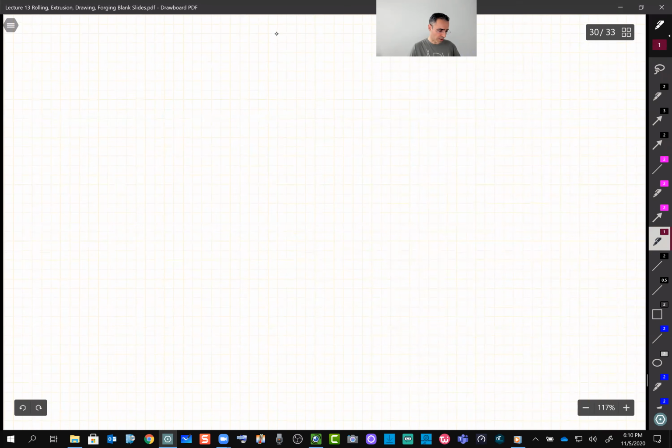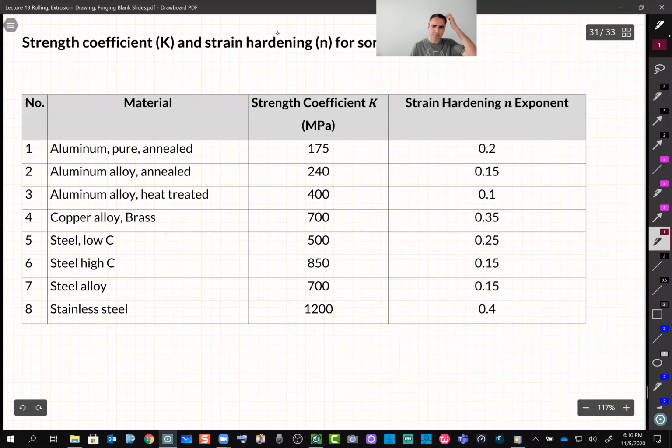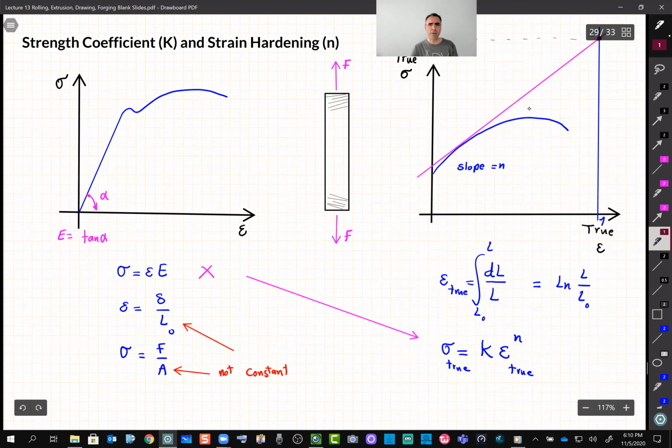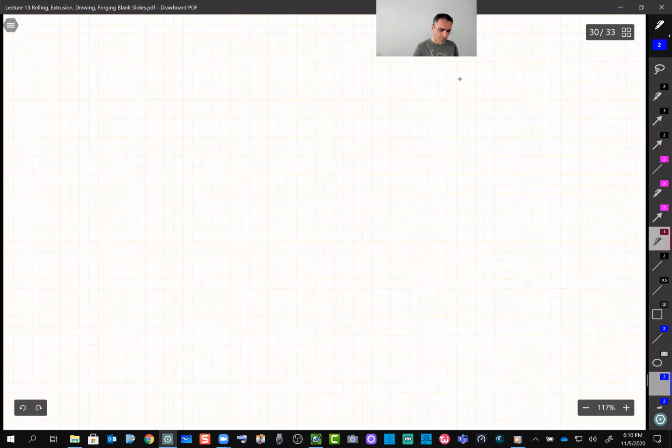For different materials, for example steel or aluminum, you can look up the strength coefficient K and the strain hardening exponent n. You don't need to know all these details, but this was just to give you an idea where these things are coming from.